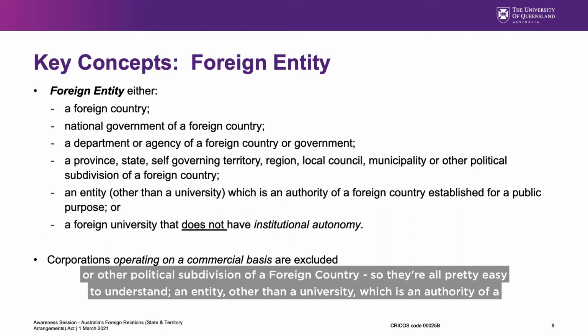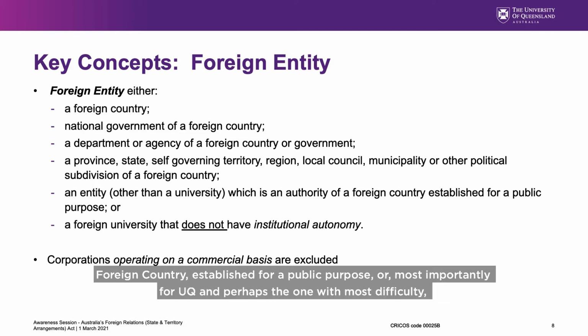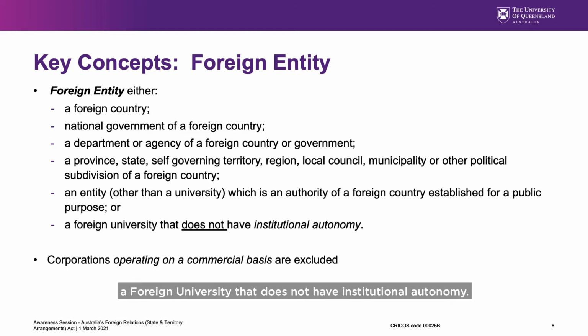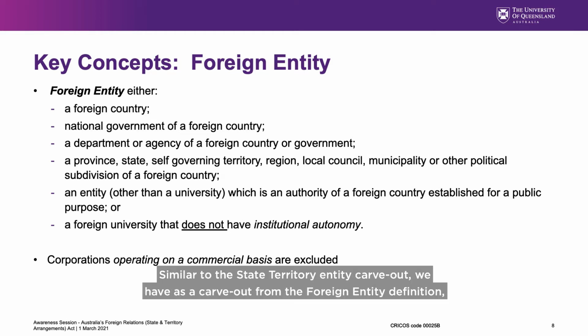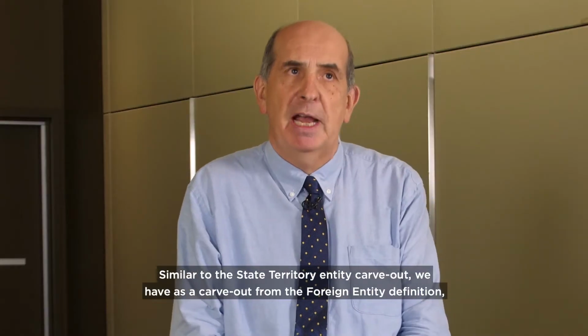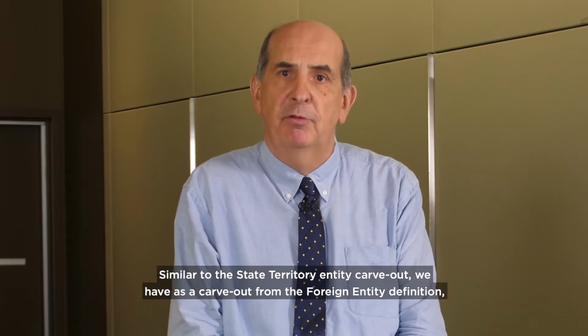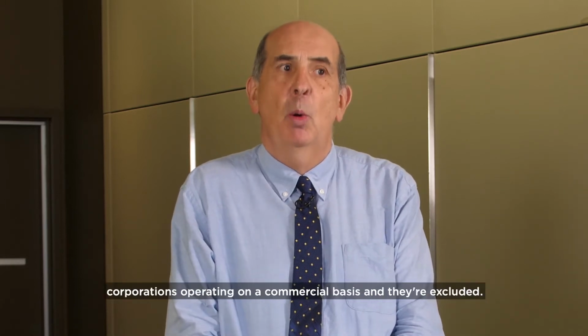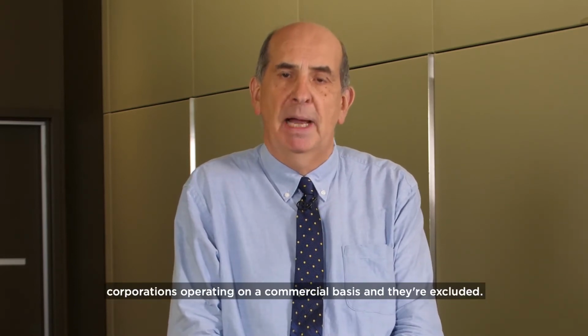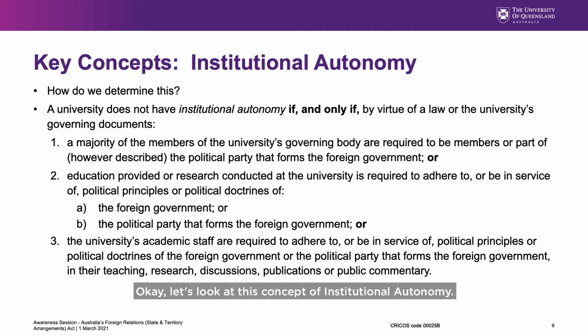An entity other than a university, which is an authority of a foreign country established for a public purpose, or, most importantly for UQ and perhaps the one with most difficulty, a foreign university that does not have institutional autonomy. Similar to the state territory entity carve-out, we have, as a carve-out from the foreign entity definition, corporations operating on a commercial basis, and they're excluded.